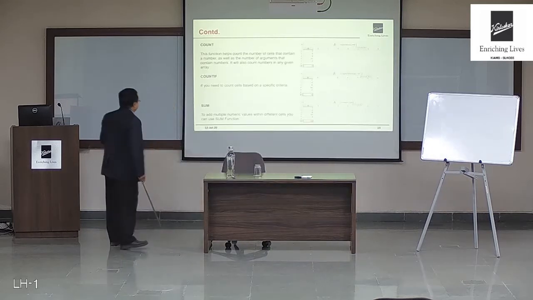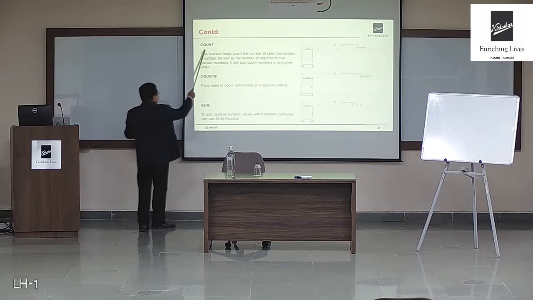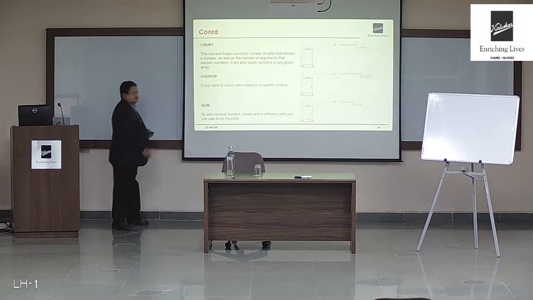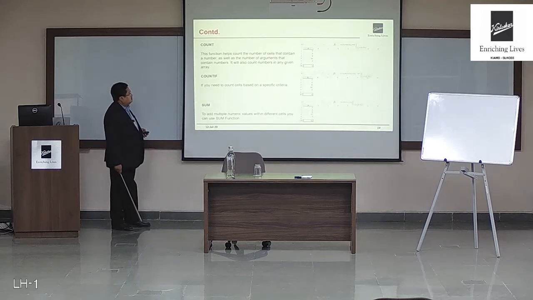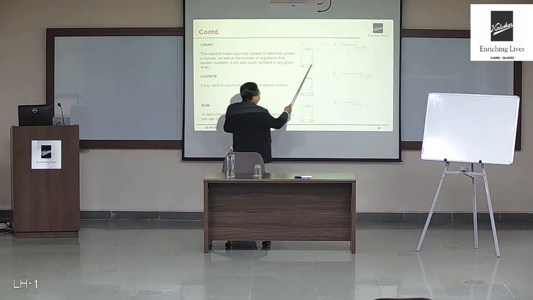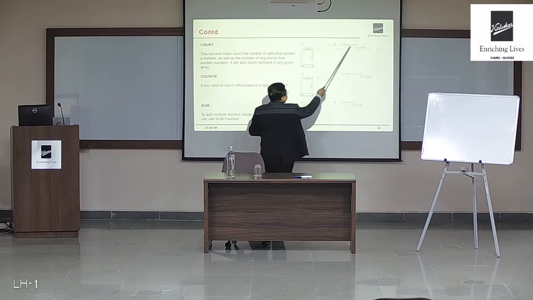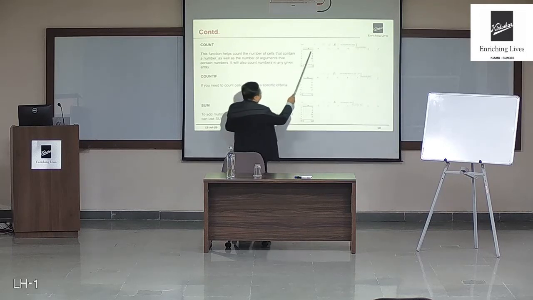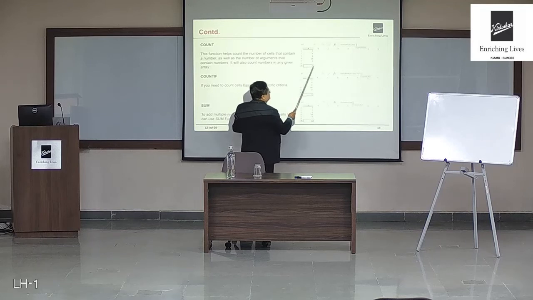You can also use COUNT, COUNTIF, and SUM. Here if you give COUNT(A1:A5), that means this is the cell address, a series of cells on which you need to find out how many numbers there are. How many numbers? 1, 2, 3, 4, 5. So you'll get 5.